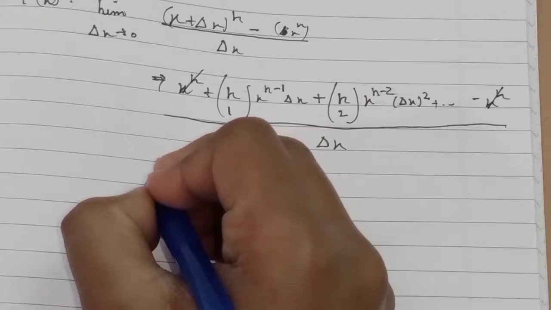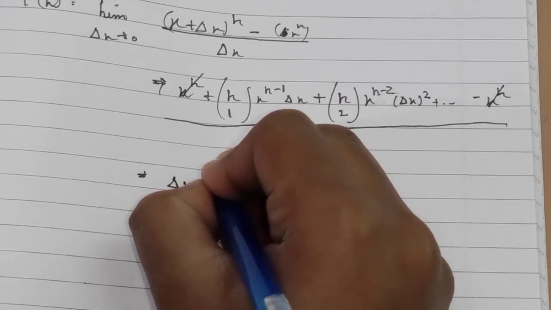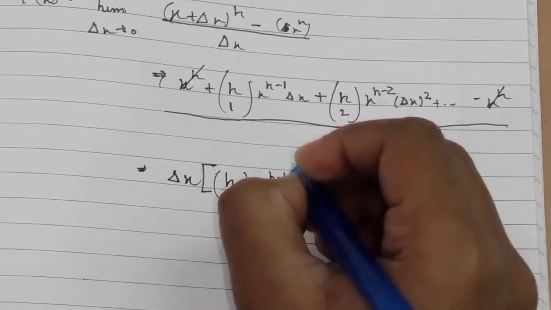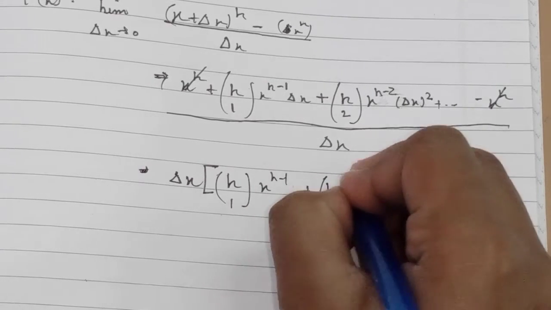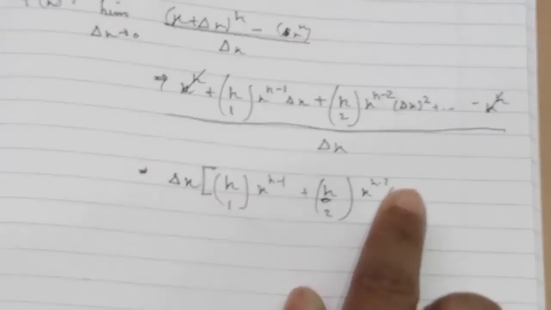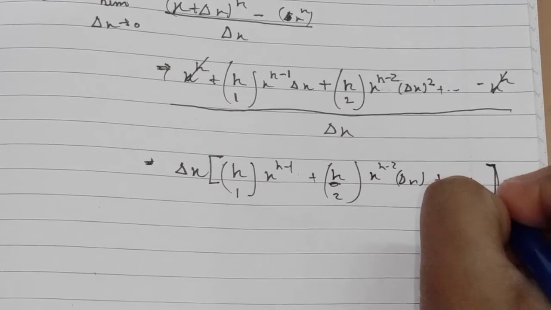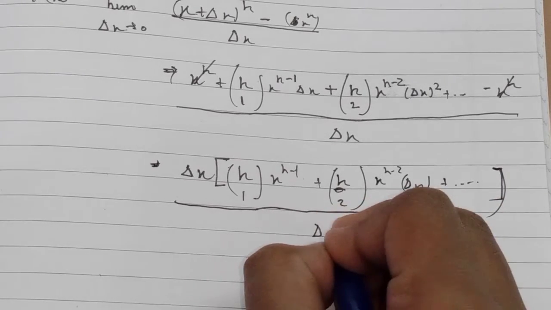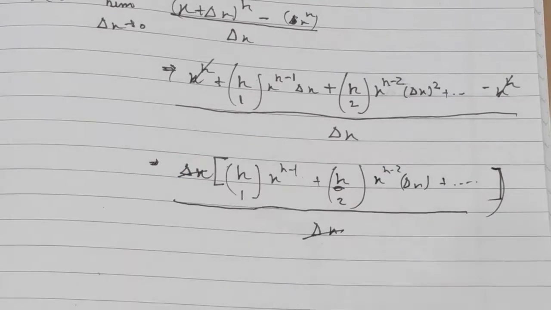So we get delta x into n choose 1 x to the n minus 1, now we don't have any delta x here, plus n choose 2 x to the n minus 2 delta x, only delta x because we have taken 1 out, and so on like this, all over delta x. Now delta x and delta x cancel out.